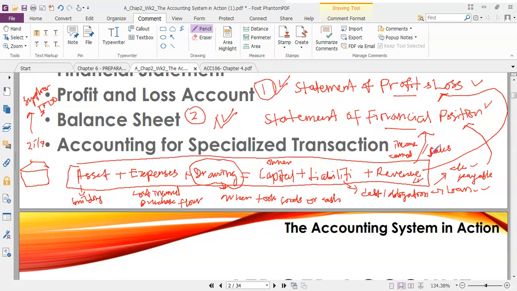Your income earned from sales of what, my dear? Cake. Very good. Sales of cake or sales of bread. That is the income earned from that business.